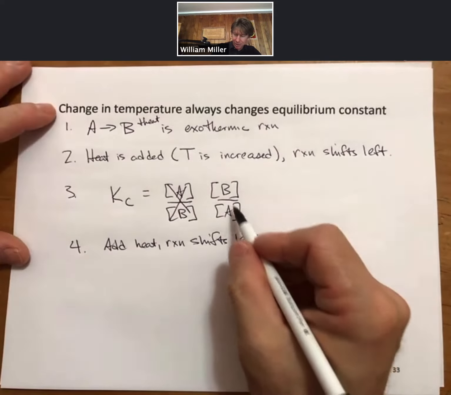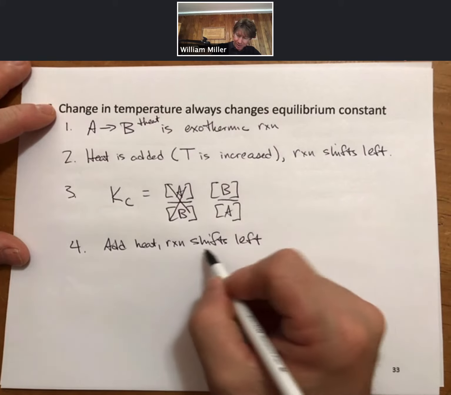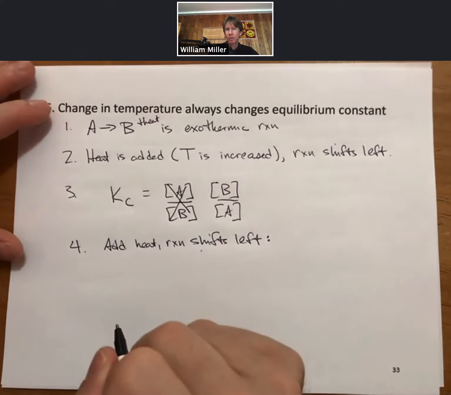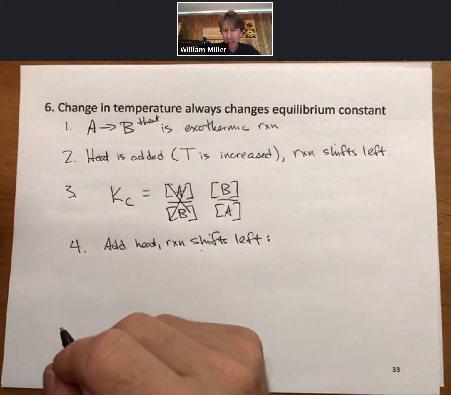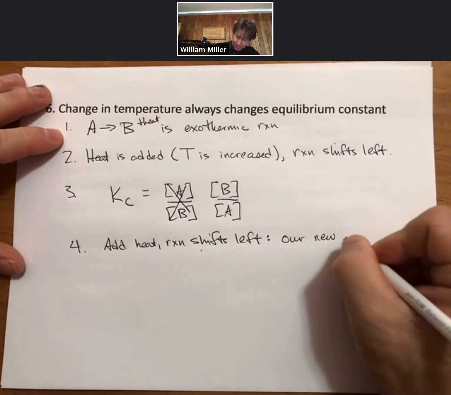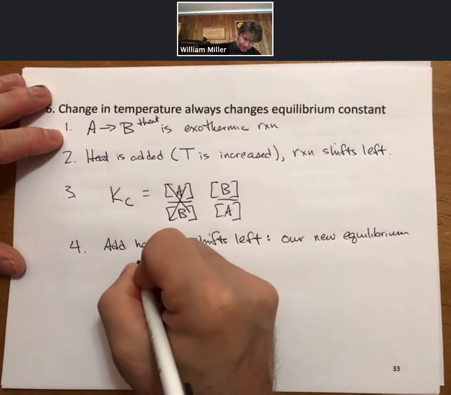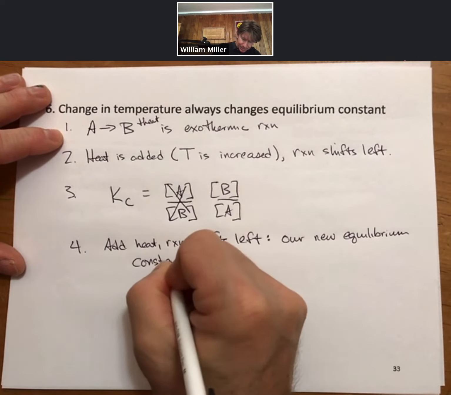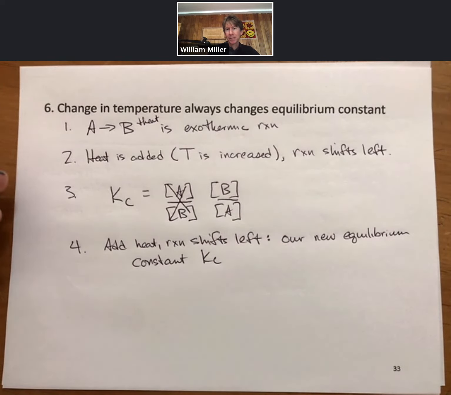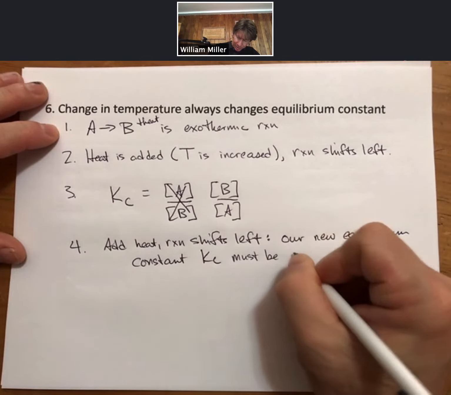Because the reaction shifts left, our new equilibrium constant, Kc, must be smaller, must be lower.